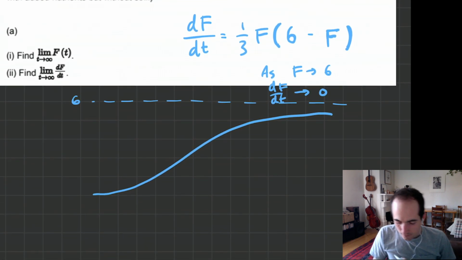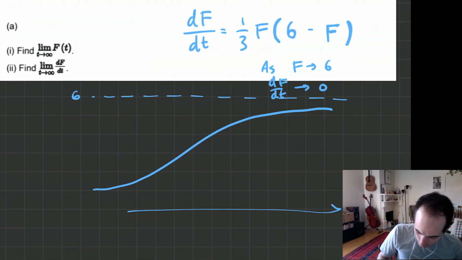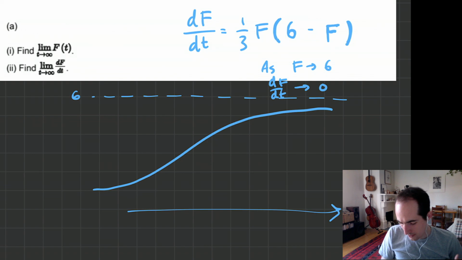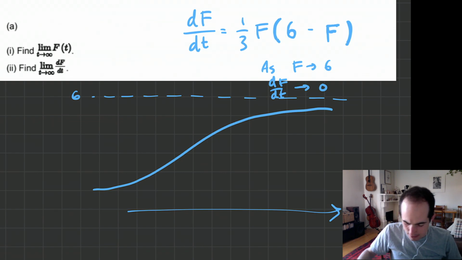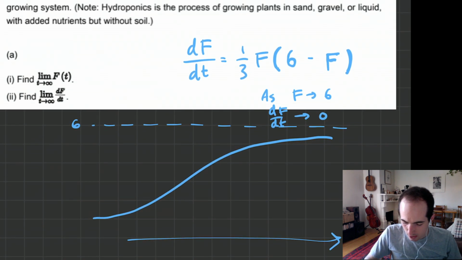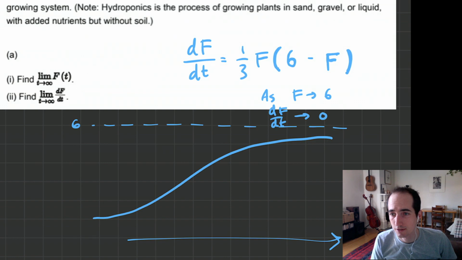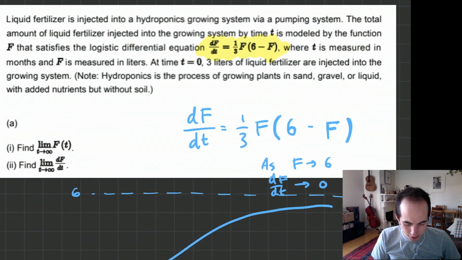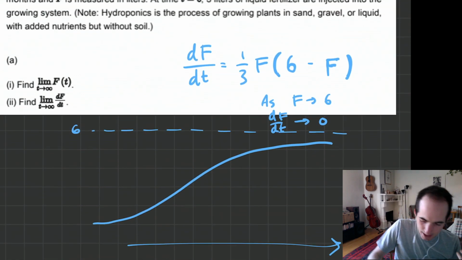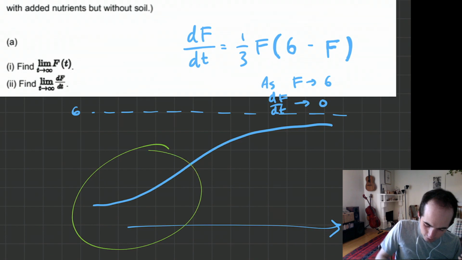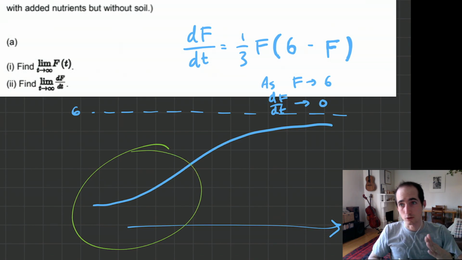And this happens across time. As time progresses, we get closer and closer to 6, but the derivative gets closer and closer to 0. So that's how the differential equation works: around here, it sort of looks like you have this exponential growth.